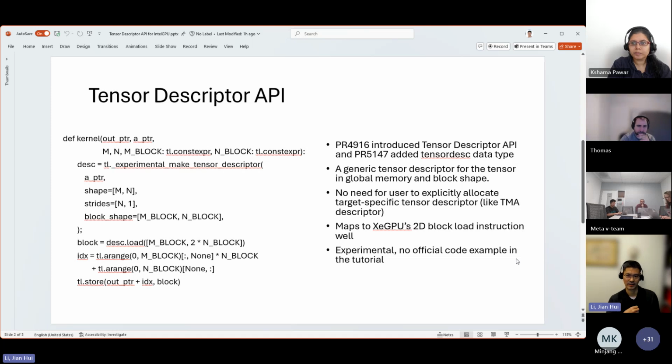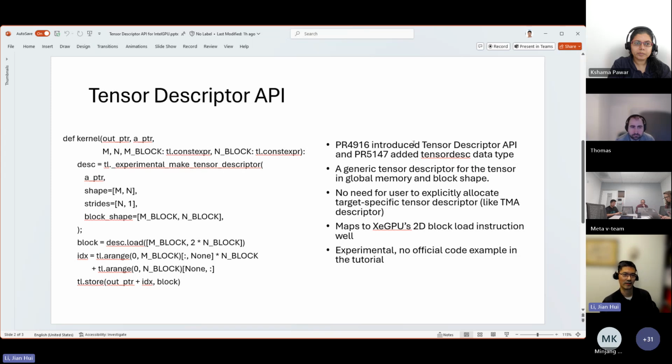It is a generic tensor description for some tensor in the global memory, and also includes how it will be blocked when the hardware block load happens. They get rid of the need for the user to prepare a target-specific tensor, either on the host side or the device side. Previously there was a version that made a TMA tensor descriptor, with a bunch of target-specific things.